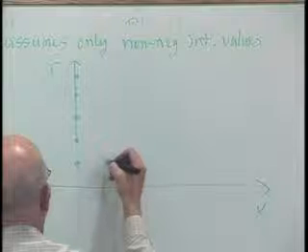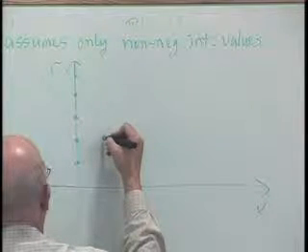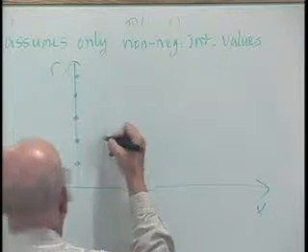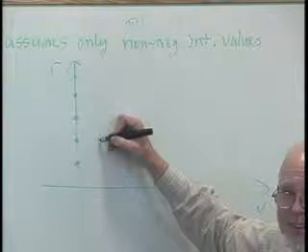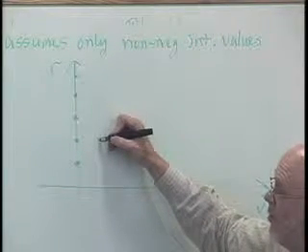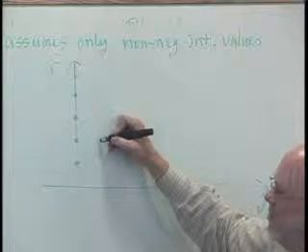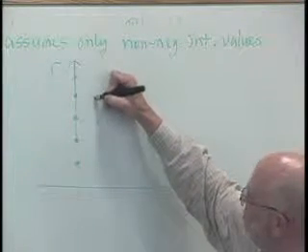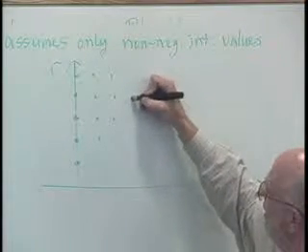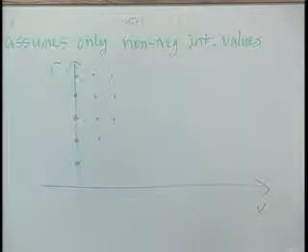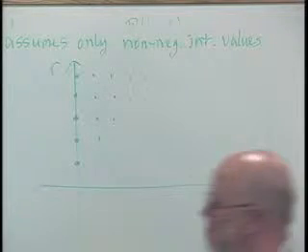When x equals 1, the smallest value of r is 2, okay. And when x equals 3, it's 3. And so on. So there's the set of pairs over which I'm summing.